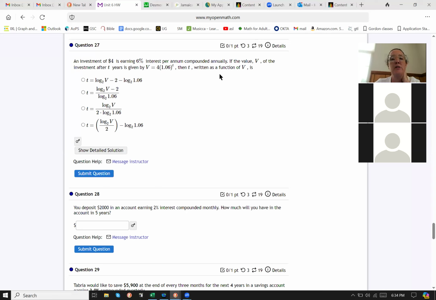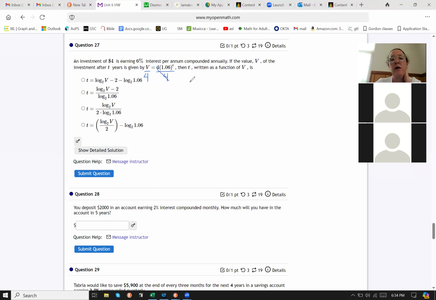So what I'd like to do, first of all, is divide both sides by 4. So we want to get the T alone on one side. So we'll divide both sides by 4 here. 4 divided by 4 is 1.